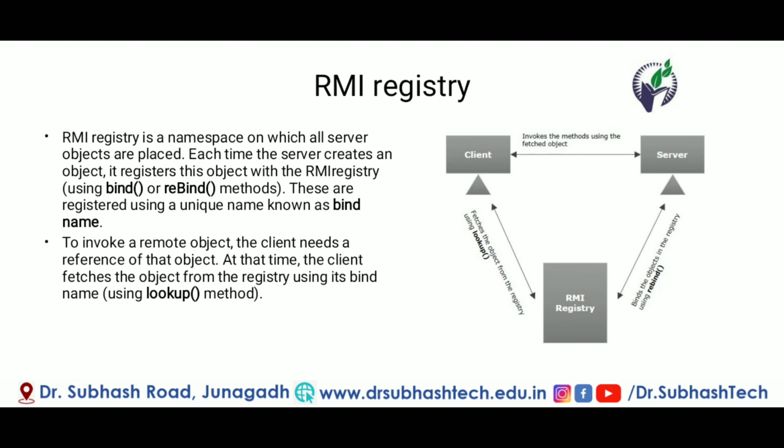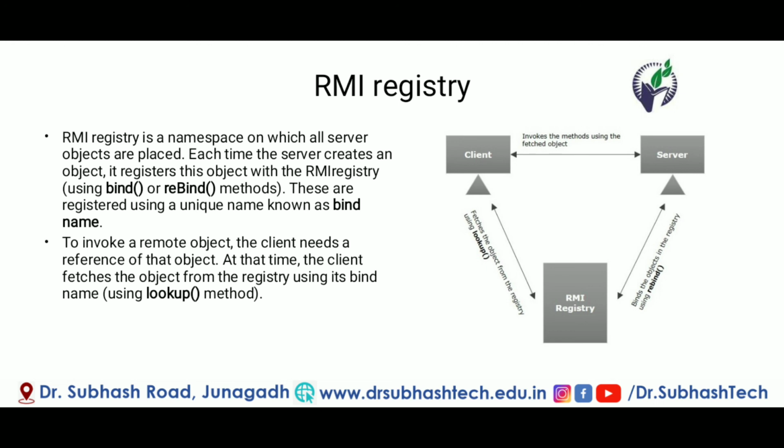So this is everything when you work with the RMI architecture and the RMI registry. If you want to communicate from client to server in a distributed architecture, you first have to create the client-side remote object and the server-side remote object, and the server-side remote object is stored in the RMI registry.